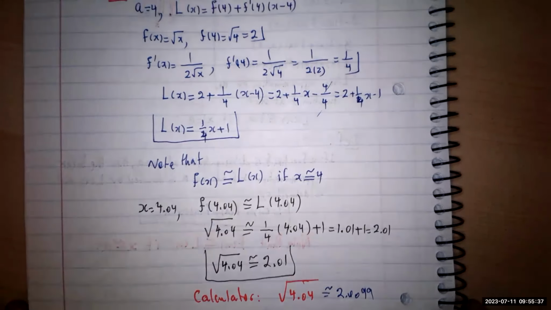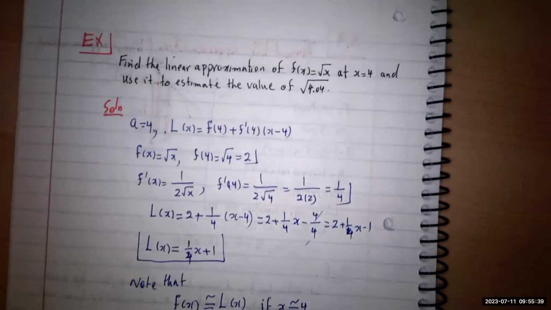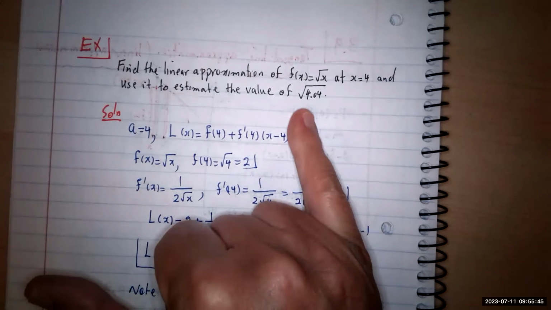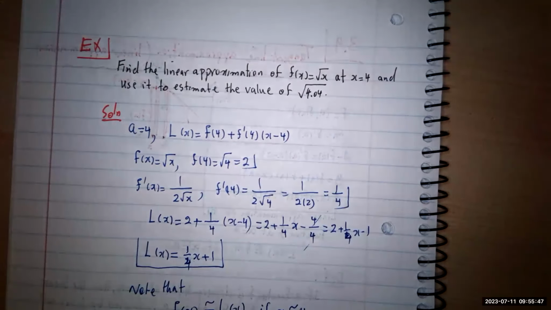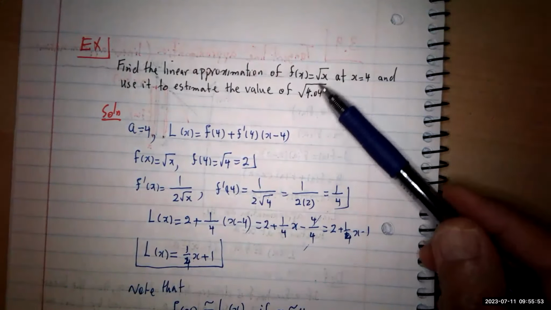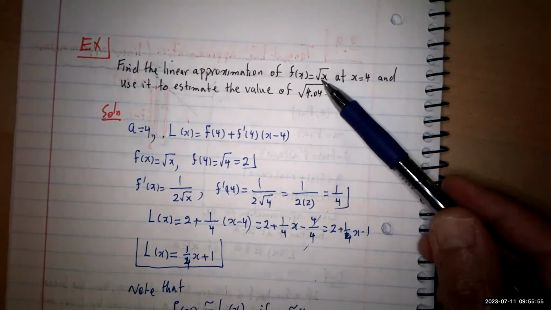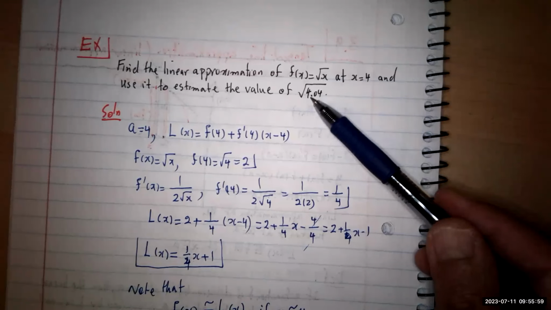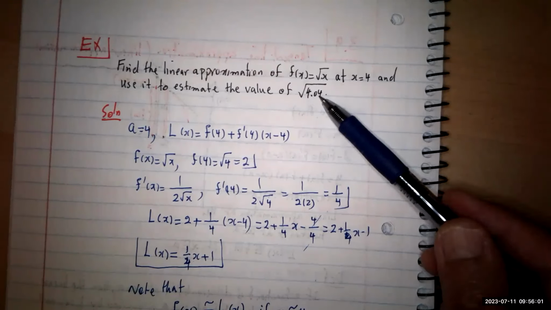Now, the way we created it here, we give you the function, but you have to find the function yourself. So we just give you this one, and we ask you to estimate it. It's easy to find the function. You replace this 4.04 by x, that gives radical x, and you have to pick a number yourself. The number must be close to 4.04 and nice.